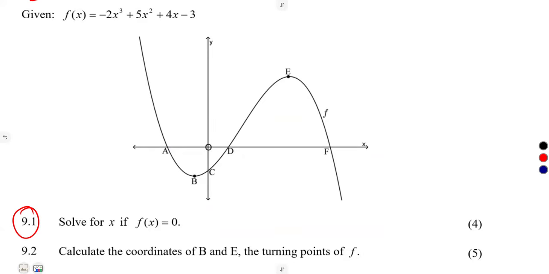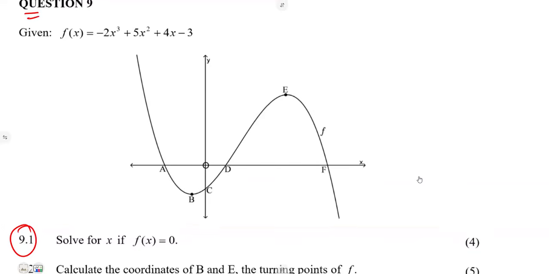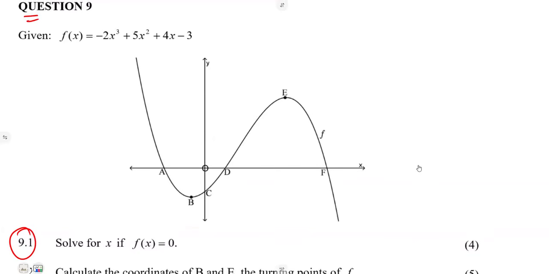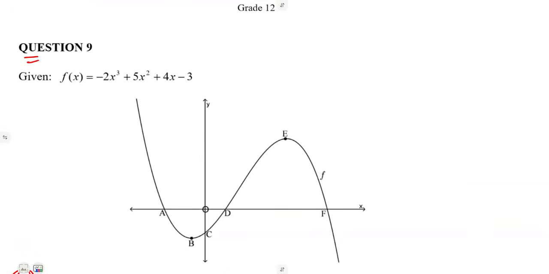All right, so remember I talked about using the long division, all right, when you're dealing with a cubic function.